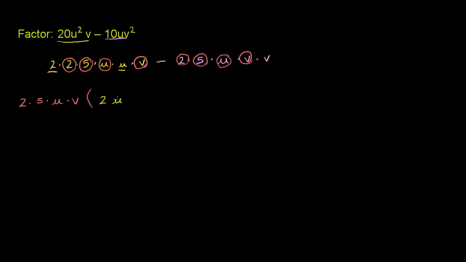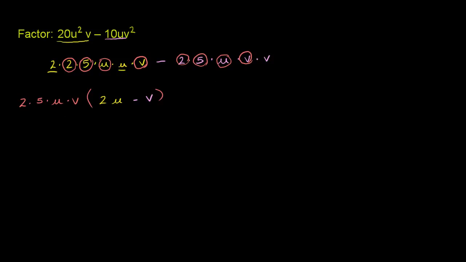And in the second term, all you're left with is a v, because all of the other stuff gets factored out. If I multiply 2 times 5 times u times v times 2u, I get the first term, and if I multiply it by this v, I get the second term. So this expression and that expression are the exact same thing. We have factored it out.